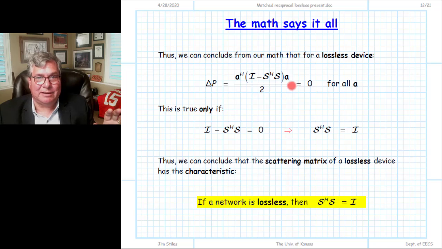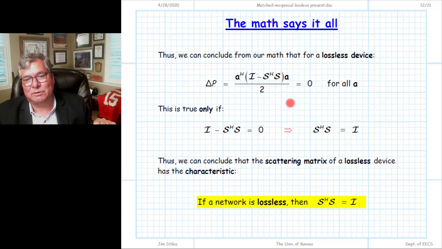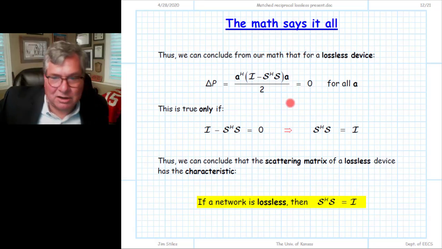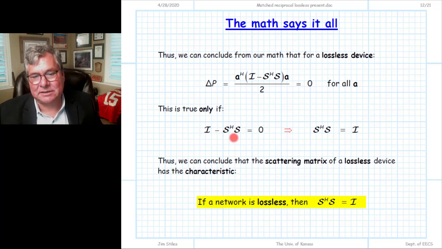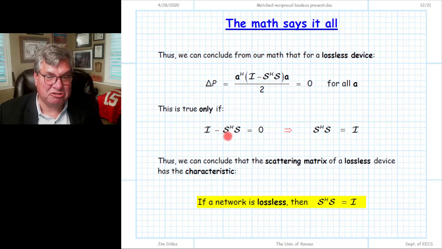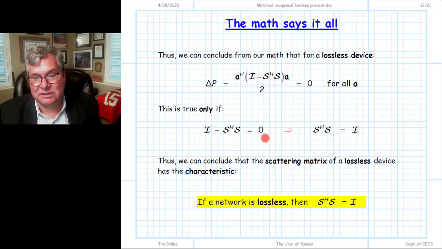In fact, it would be a very uninteresting problem if there was no power flow incident on our lossless device. So in other words, for this equation to be equal to zero, the only way that can occur in any useful sense is if this term here is equal to zero. If the identity matrix minus the scattering matrix Hermitian times itself is equal to zero, then we have a lossless device.